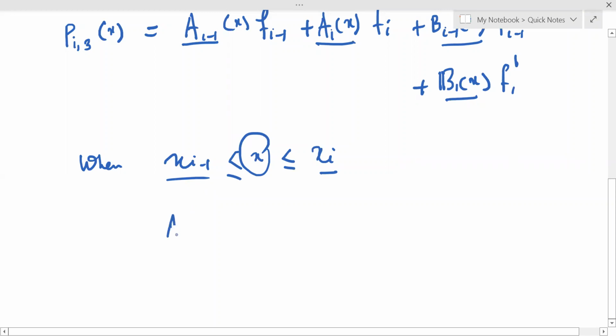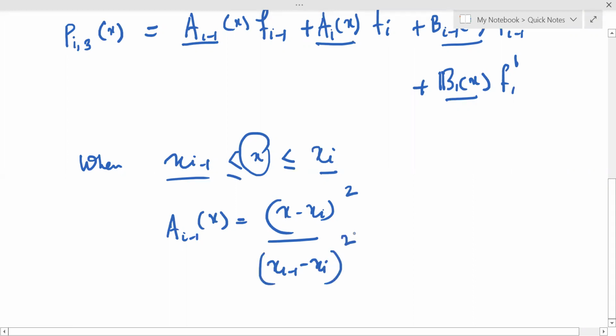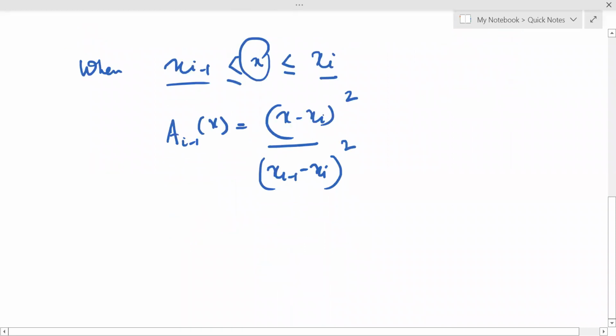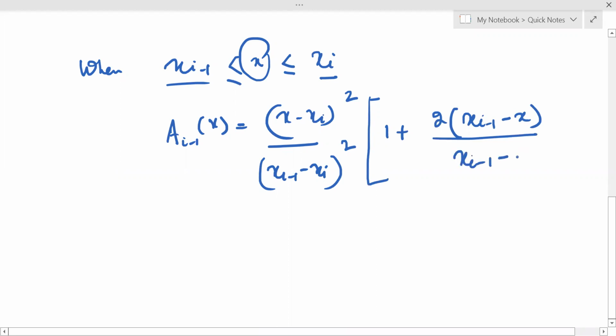The calculation of a_{i-1}(x) is like this: x minus x_i whole square divided by x_{i-1} minus x_i whole square, into 1 plus 2 times x_{i-1} minus x divided by x_{i-1} minus x_i. This is the procedure for calculation of a_{i-1}(x).